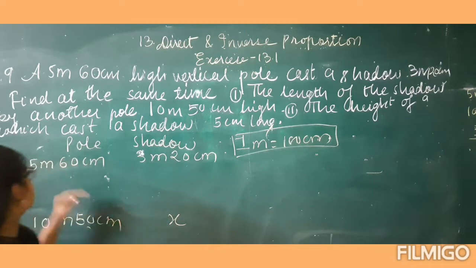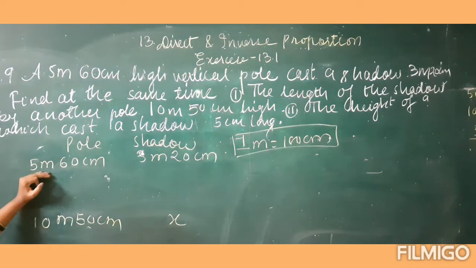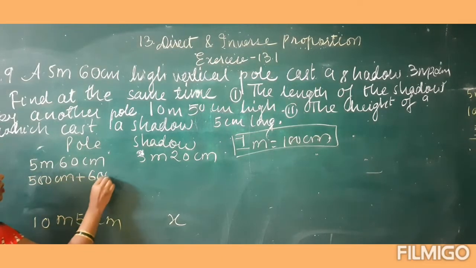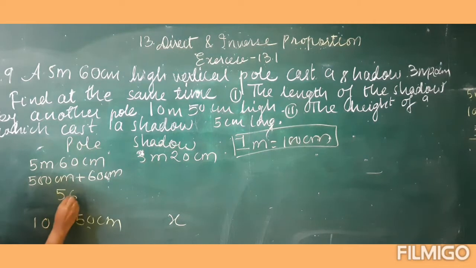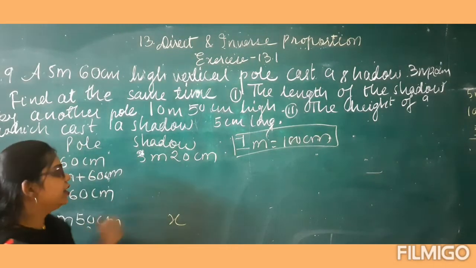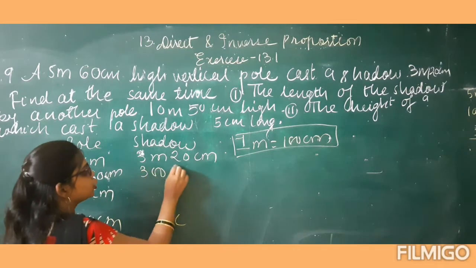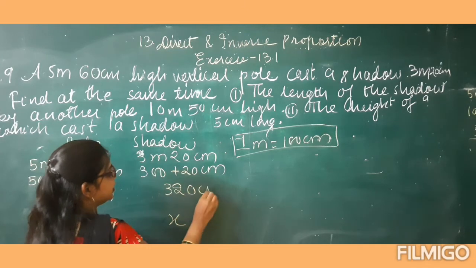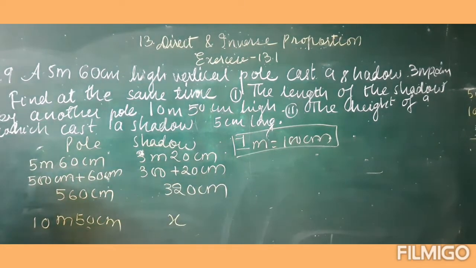So this 5 meter I will convert into centimeter. 5 meter means 500 centimeter plus 60 centimeter, so this will be 560 centimeter. Similarly this 3 meter will be 300 plus 20 centimeter, so this will be 320 centimeter. And here it will be 1000 plus 50 centimeter. This will be 1050 centimeter.